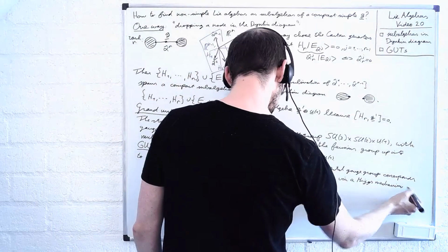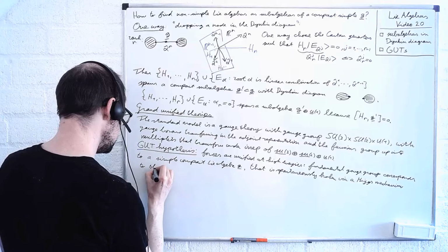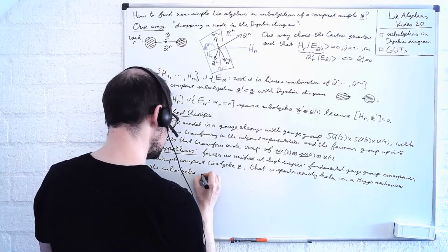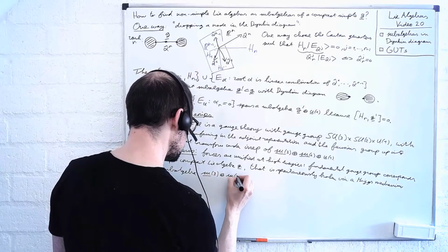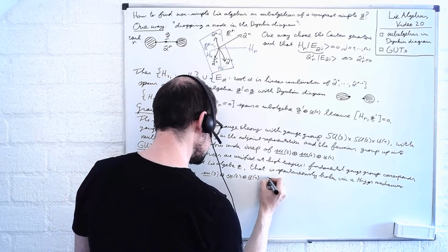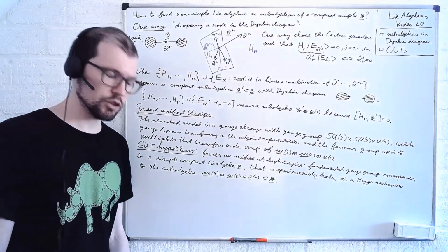Here, the Higgs mechanism breaks G to the subalgebra SU3 plus SU2 plus U1 sitting inside of this simple compact Lie algebra.